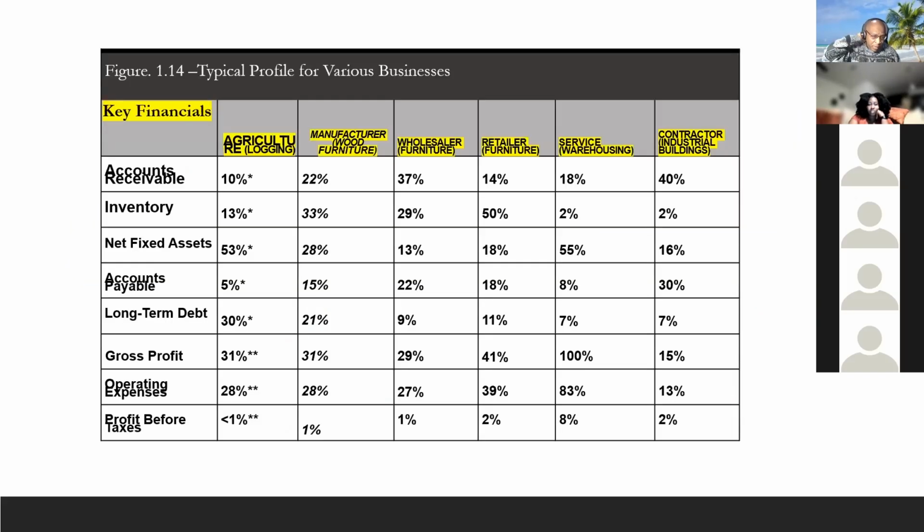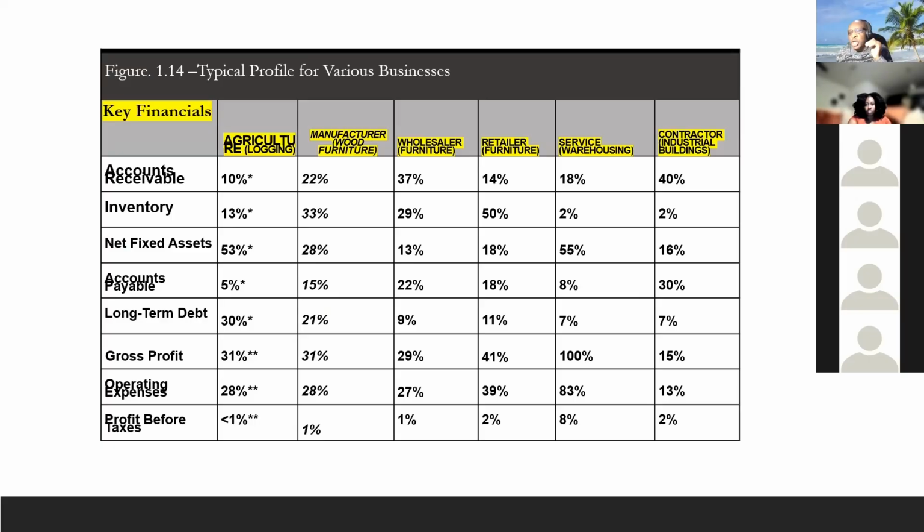All right, so the last major piece of the chapter is looking at these different industries. And what you will notice is that the way the business or the industry operates will dictate what their financial statements look like. Let me warn you though, just not a threat or anything, just a warning.